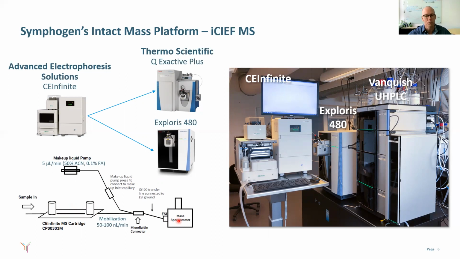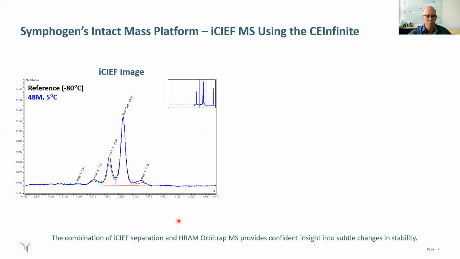This is very important because we use iCIEF extensively in QC labs, so it's one of our important impurity methods, and therefore being able to get an MS readout is really powerful.